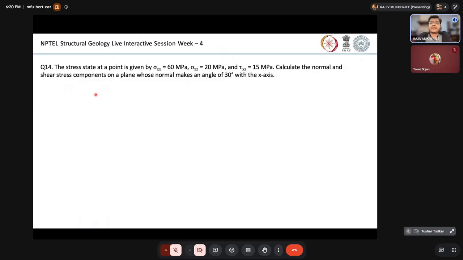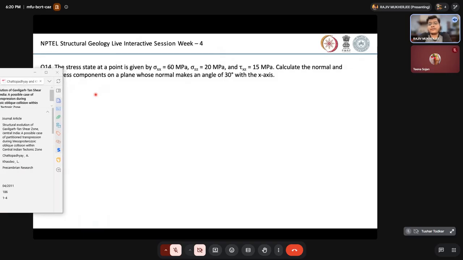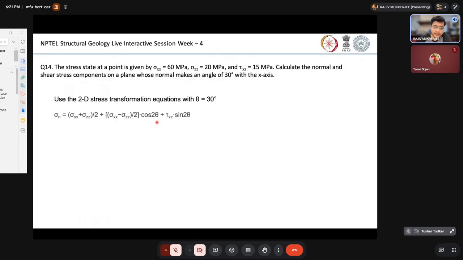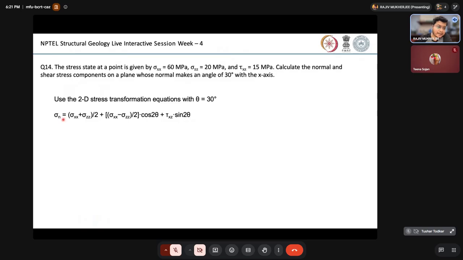Calculate the normal and shear stress components on a plane whose normal makes an angle of 30 degree with respect to the x-axis, right? So what we will do, we will consider the 2D stress formula, the simple Mohr circle formula. So we will calculate the normal stress like this, right?